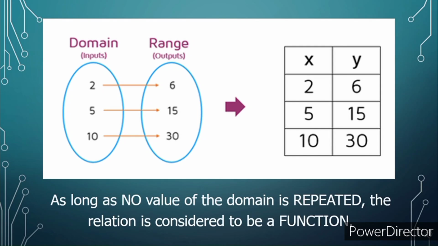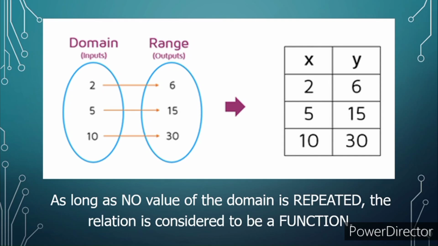As long as no value of the domain is repeated, the relation is considered to be a function. Again, as long as no value of the domain is repeated, the relation is considered to be a function. My question to you, Ma'am Tintin.